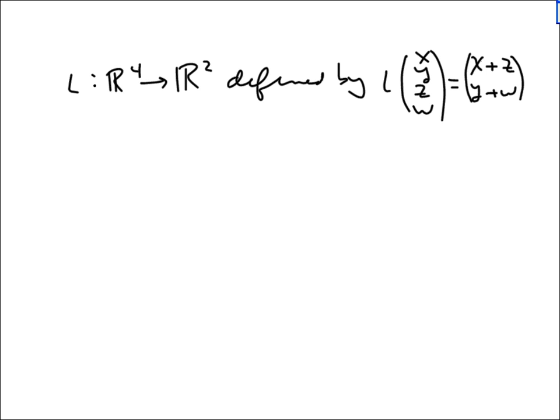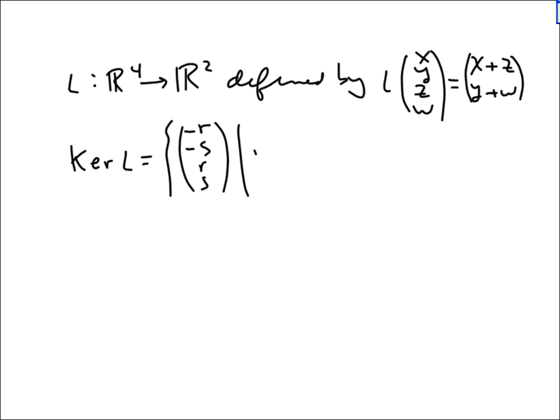And the question is, find the dimension of the kernel of L. Now, we established that the kernel of L is the set of vectors of the form (negative r, negative s, r, s), such that r and s are real numbers. Once we find the kernel of L, we can find its dimension.